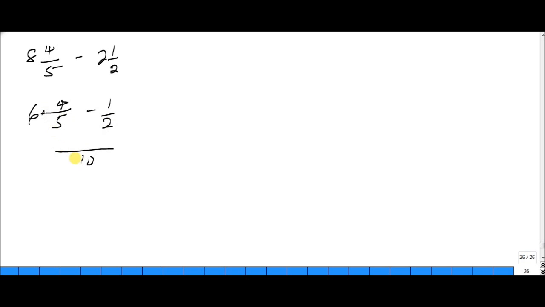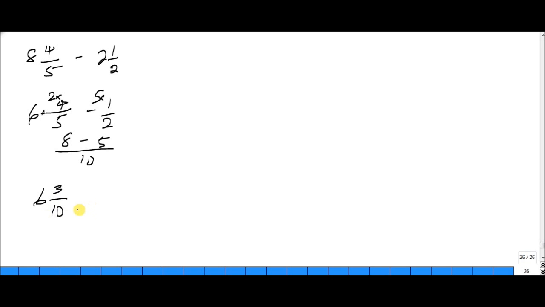LCM 10. 5 into 10 2 times. We have 2 4s being 8, minus 2 into 10 go 5 times. 5 1s 5. We have 6, and 5 from 8 would be 3/10.